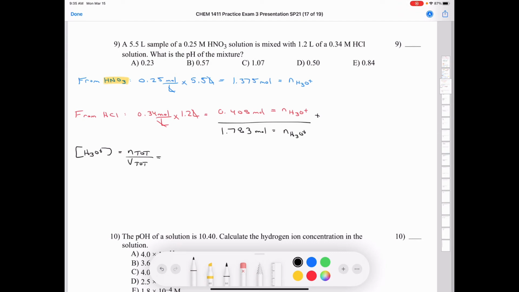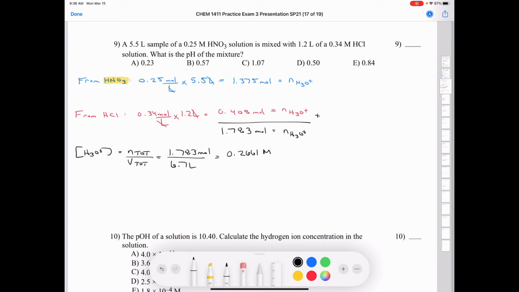So I have my total number of moles, 1.783 moles, divided by the total volume, which is 5.5 plus 1.2, which gives me 6.7 liters. And when I do that, I get that the concentration of my hydronium is 0.2661. Again, I'm carrying some extra sig figs here, and I'll round them off at the end.